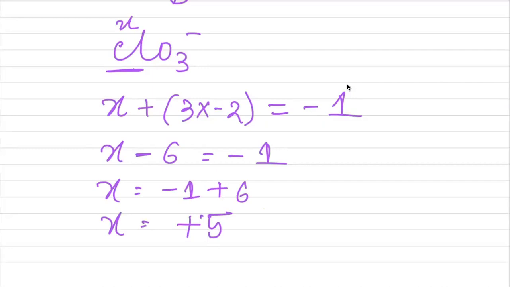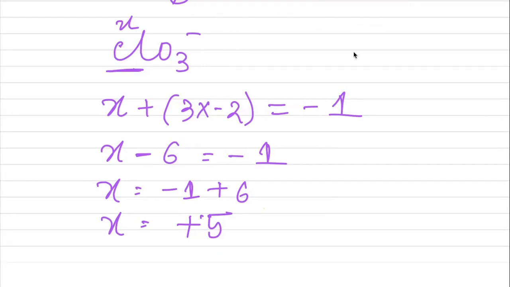So here chlorine is in the +5 oxidation state. See, clear or not?